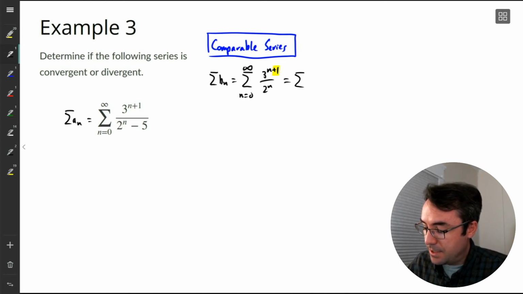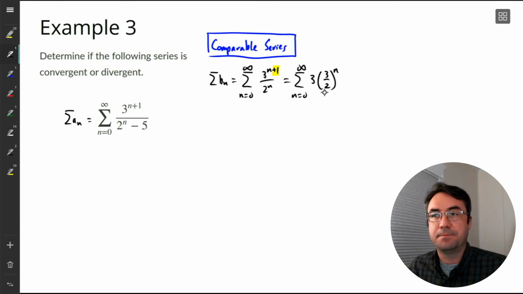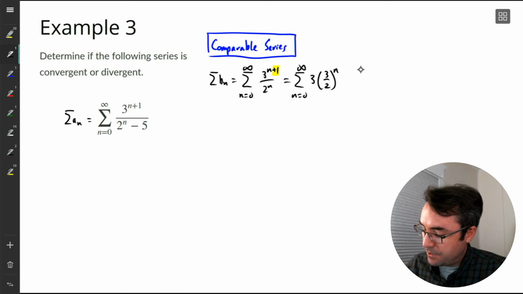So we could rewrite this as 3 times 3 over 2 raised to the power n. And now this is clearly in our usual geometric series format, and we can quickly identify the r value. So this is divergent. It's a divergent geometric series.